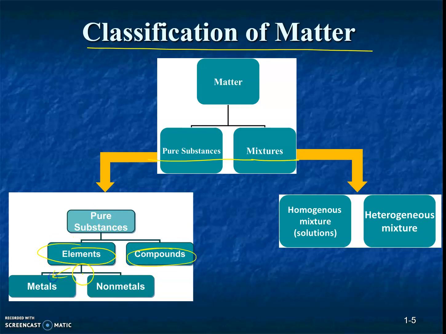Element can be non-metal and metal. Inside the mixture group, we can divide it into homogeneous mixture and heterogeneous mixture. So this is the overall map of classification of matter. Then we will dig into each of the groups.